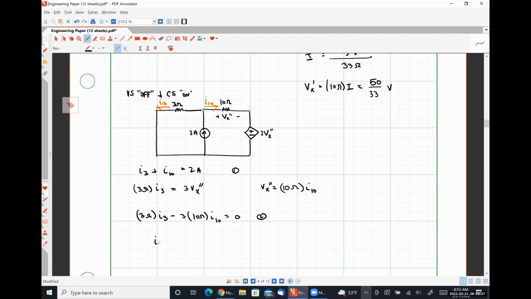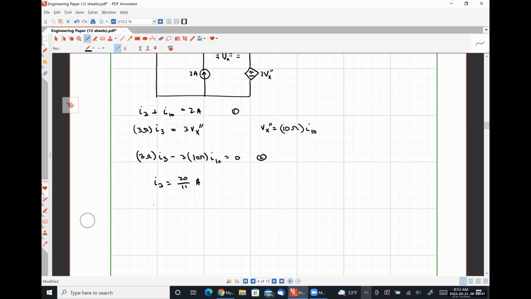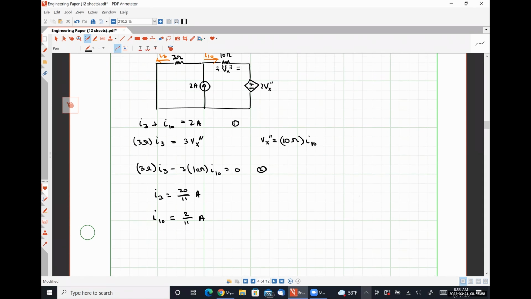So I get I3 to be 20/11 amps and I10 to be 2/11 of an amp. Substituting that in here, Vx double prime is 20/11 of a volt.